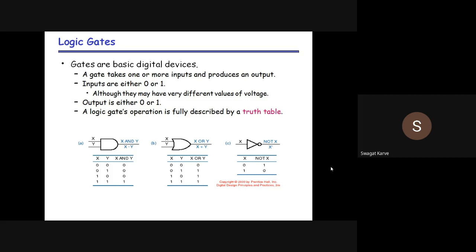So the basic purpose of the gates is, as you can say, the transistors are the basic building blocks of any analog system. In the same context, digital gates or basic gates are the basic building blocks of the digital system, right?